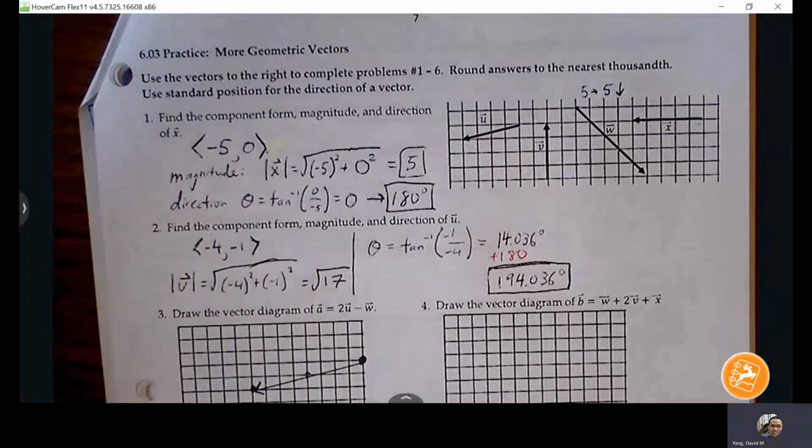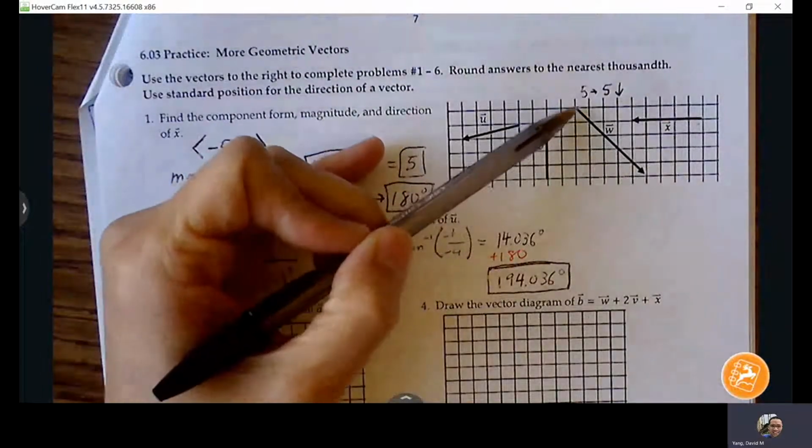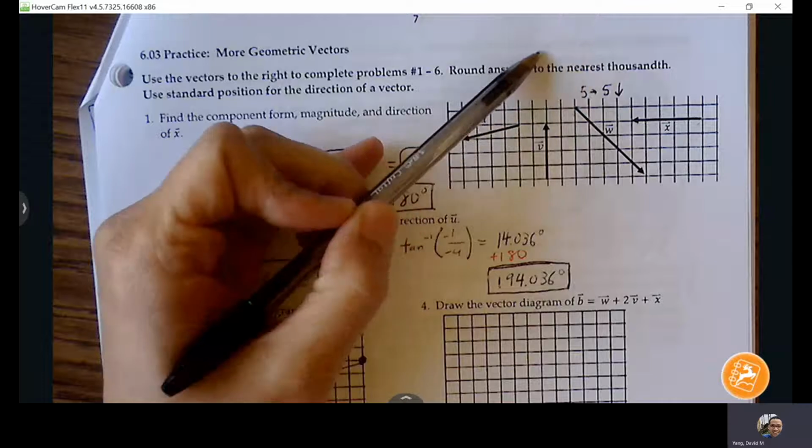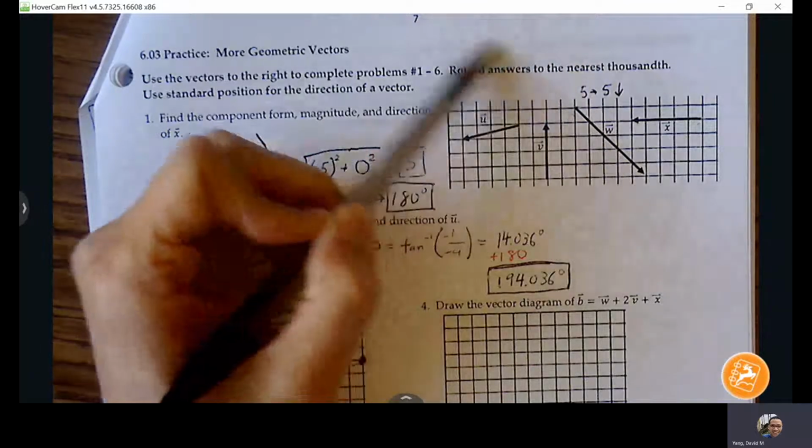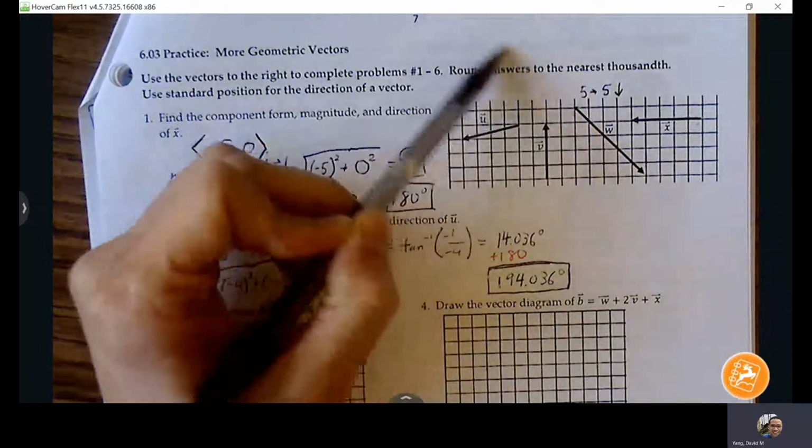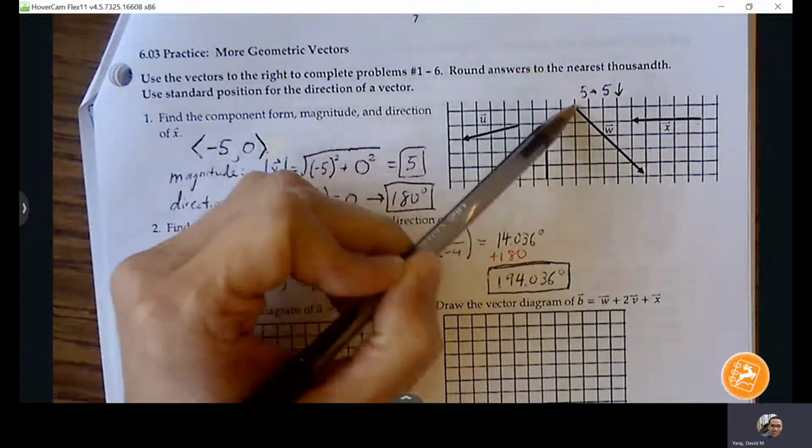So if we want to go the opposite direction of w, we're going to have to make it go up 5 and to the left 5, right? It's just going to follow along the direction of w, but it's just going to go the other direction.